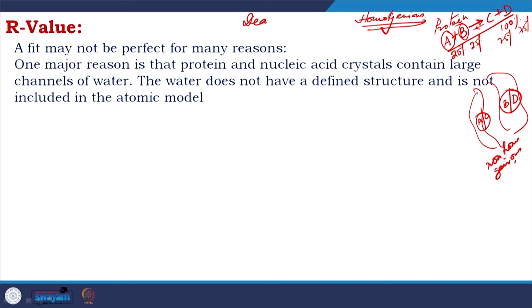The general strategy is to use what we call a dead end complex. What is a dead end complex? A dead end complex is where you use A and D or B and C, because you know A will never react with D or B will never react with C, neither will they compete for the same active site.